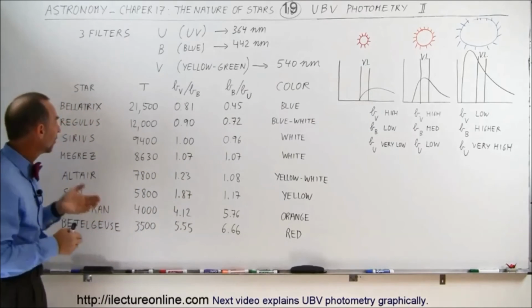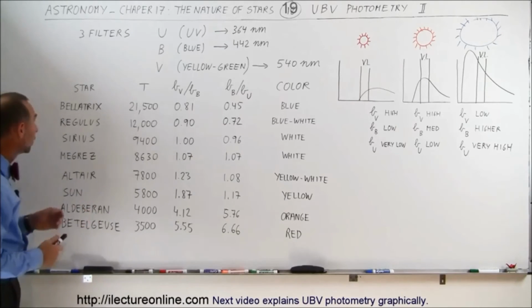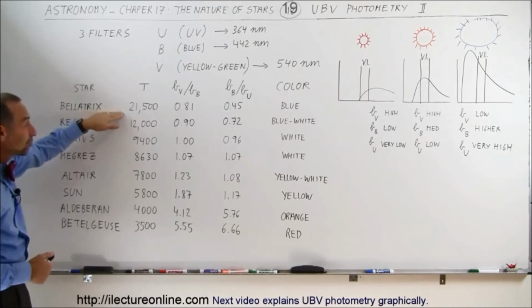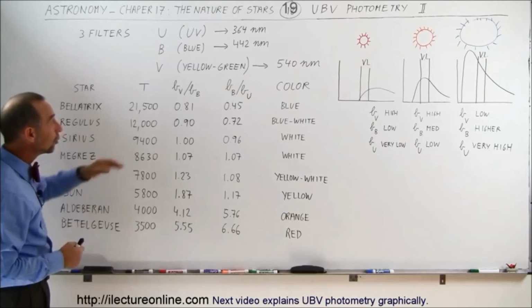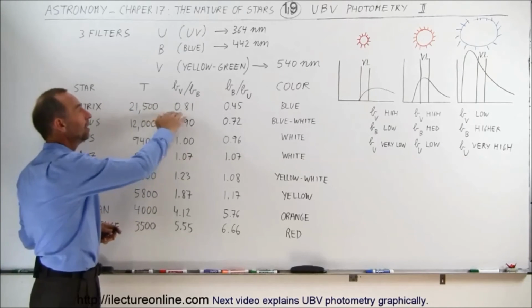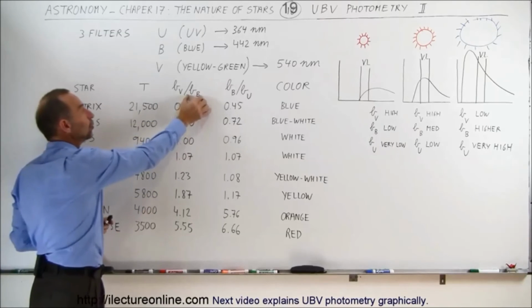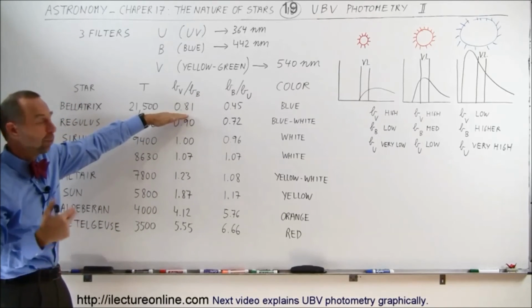So when we look at these various examples of stars, some of the more famous stars, Bellatrix is one of the stars in Orion, which has a surface temperature of 21,500 degrees Kelvin. Pretty hot. Notice the ratio of V to B, meaning it's less than 1. You can see that the energy of the blue light range is much stronger than the energy of the rest of the visible light spectrum, so therefore we have a ratio less than 1.